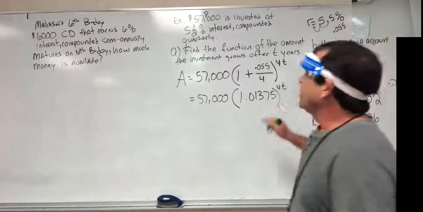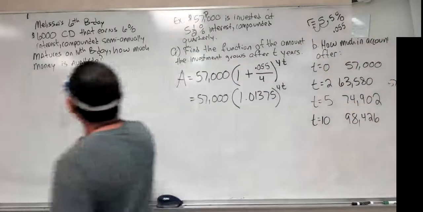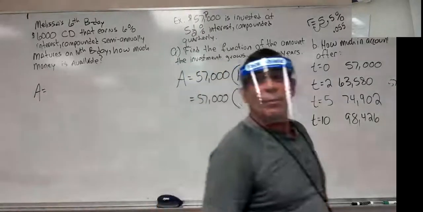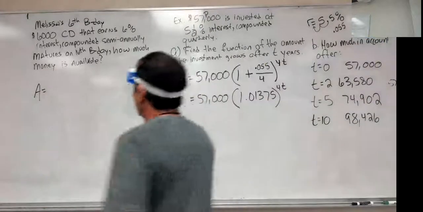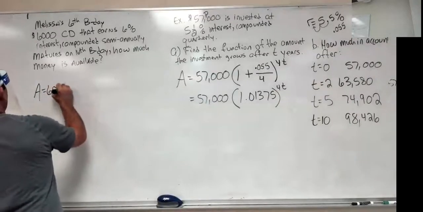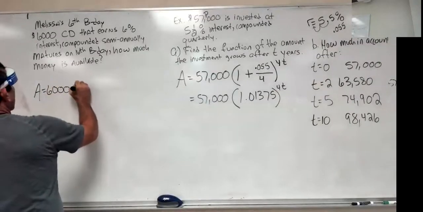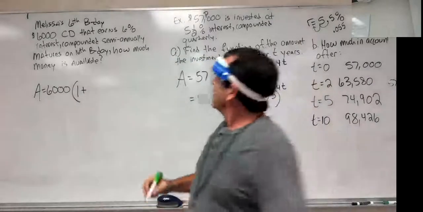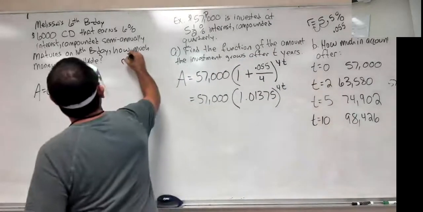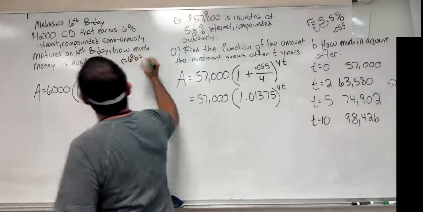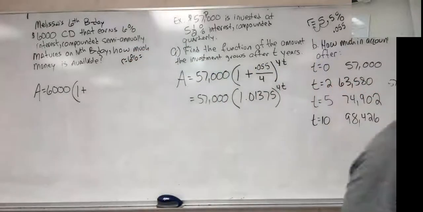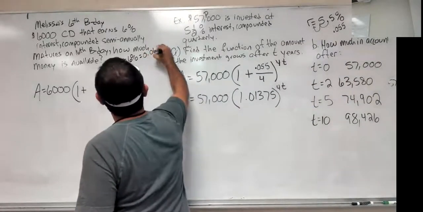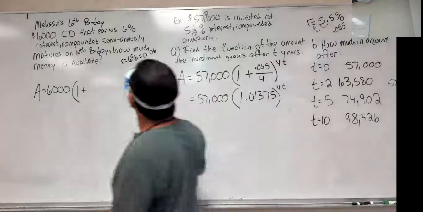All right, so I'm going to go to my formula. A equals P, so my principal is 6,000. And then 1 plus R is 6%, we turn that into a decimal, so 0.06.